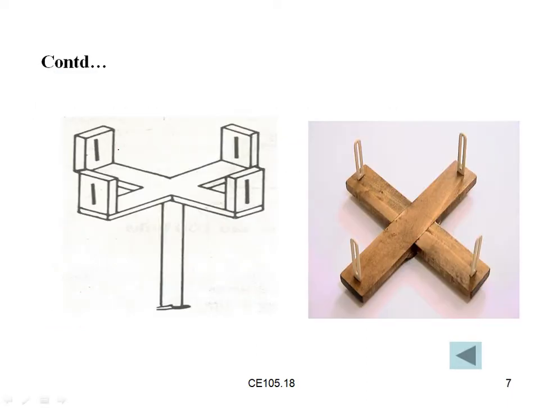So this is our open crossstaff. Here you can see these are the sighting vanes. The points which are there are the sighting points, where the gap will be.